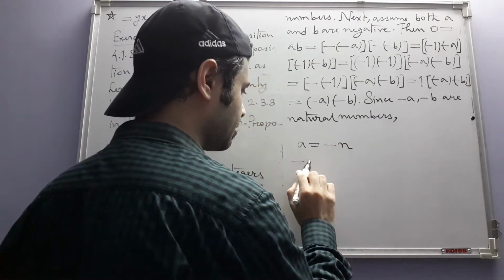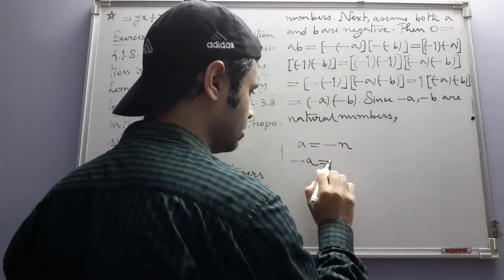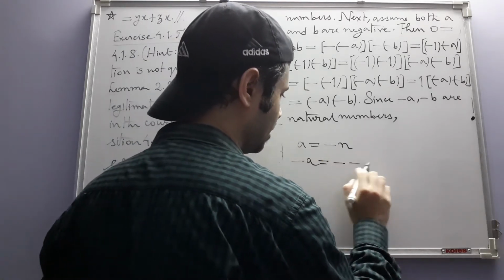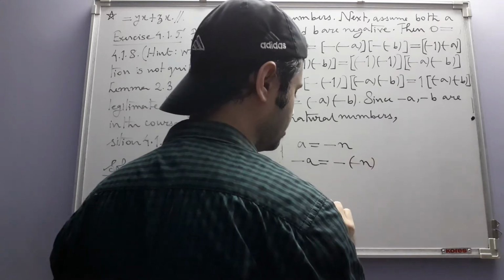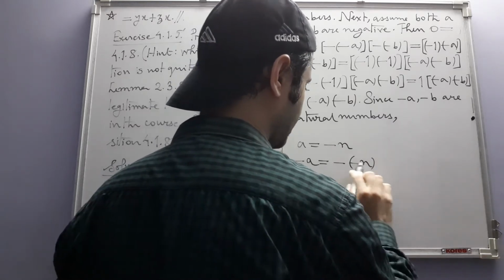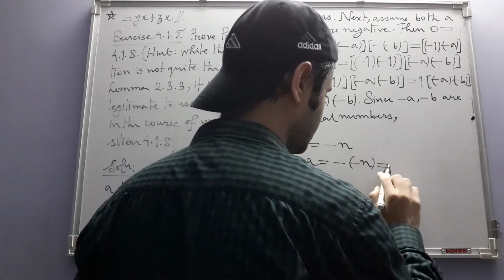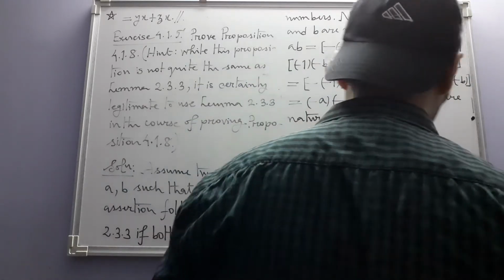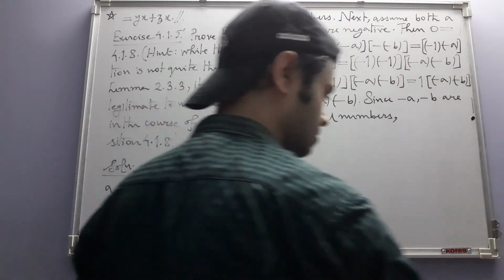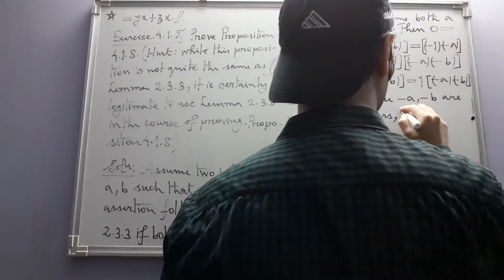So if we take minus a, then we are getting minus of minus n. And according to what we have already seen here, this becomes n. Yes, that's why it's a natural number. So no problem.